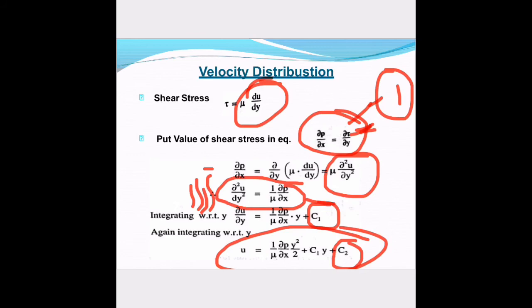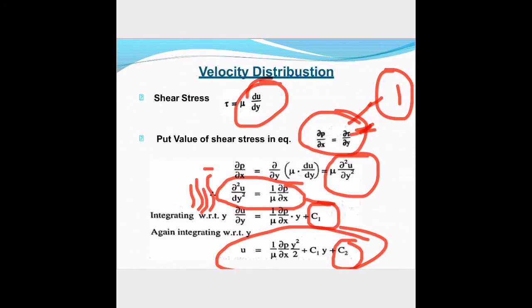Yes, after double integration, you will get two constants, C1 and C2. Two constants will come after integrating the above equation again. So we have to consider some boundary conditions to find out C1 and C2.